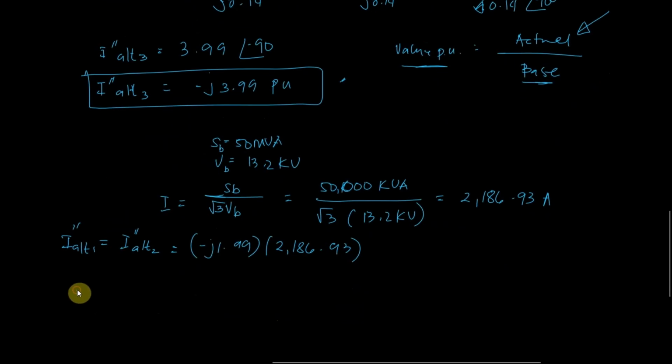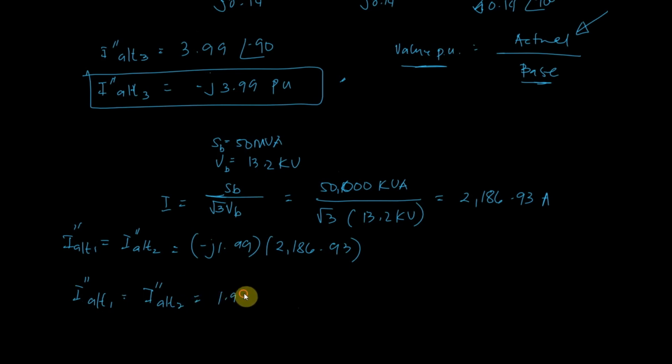So, lalabas dyan is I sub-transient sa alternator 1 is equal to I sub-transient sa ating alternator 2 is equal to 1.99 cis of negative 90 times 2186.93 cis of 0.